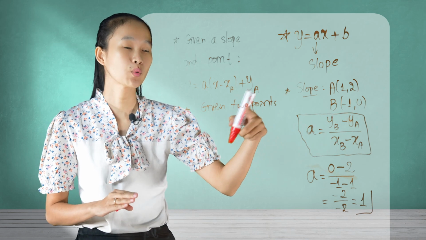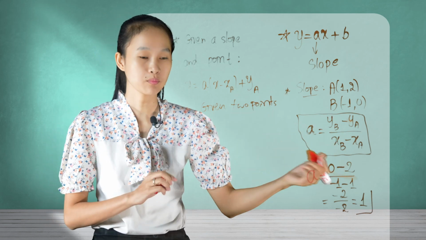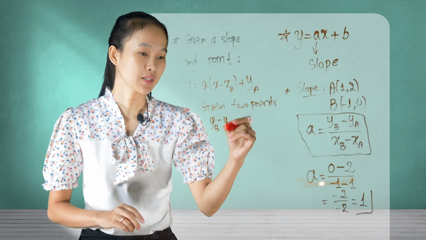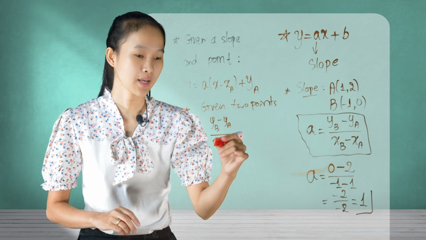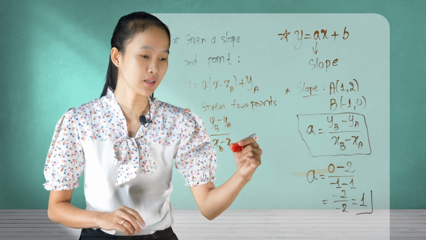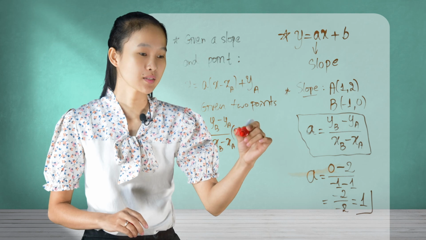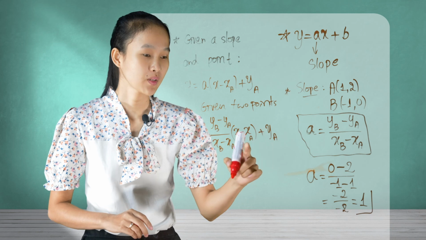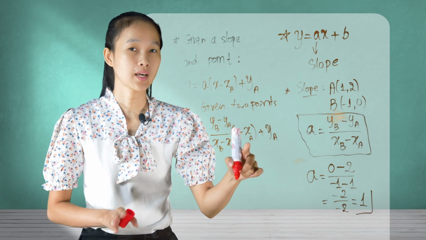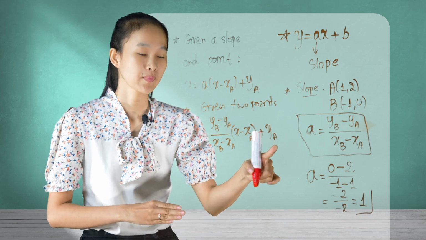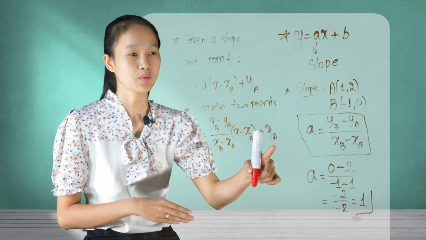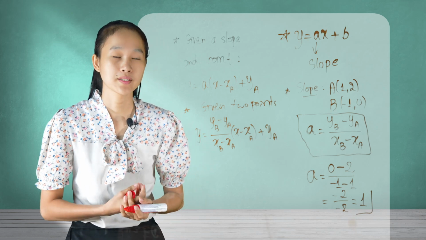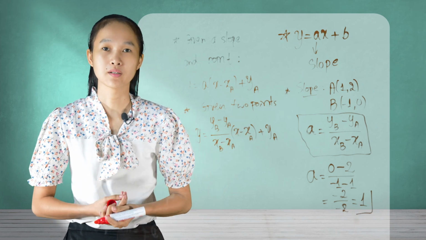Let's say the 2 points that are given are point A and point B. So it will be yB take away yA over xB take away xA, multiplied by x take away xA, plus yA. For these coordinates, if you take A, it's going to be both A, and if you take B, it's going to be both B. Next, I'm going to give you an example for this formula.